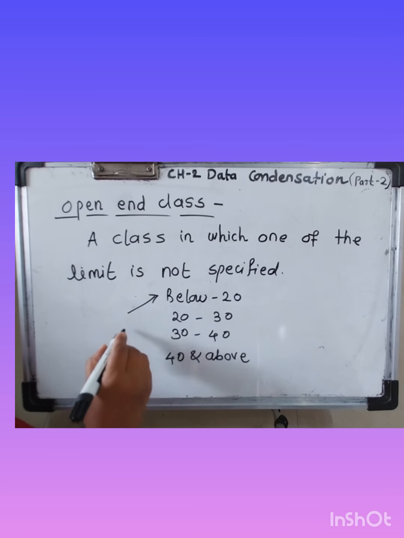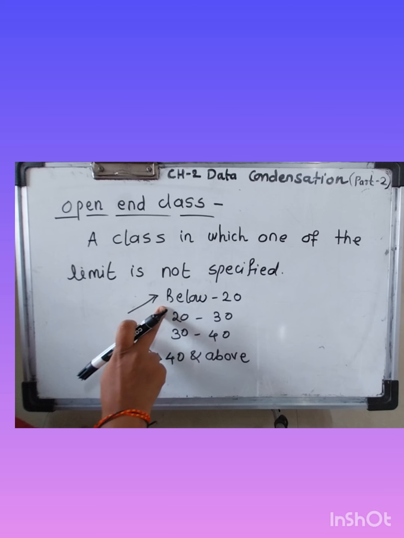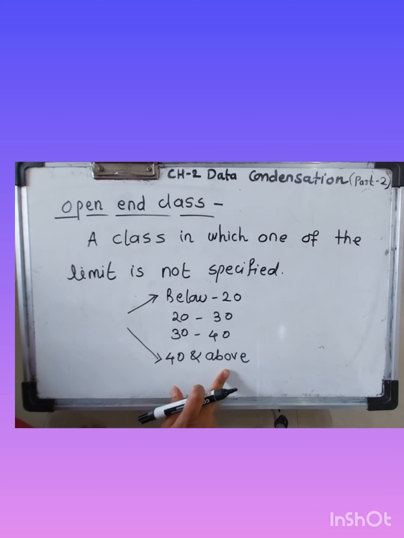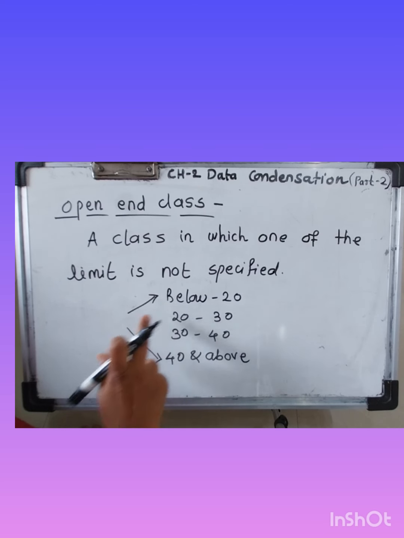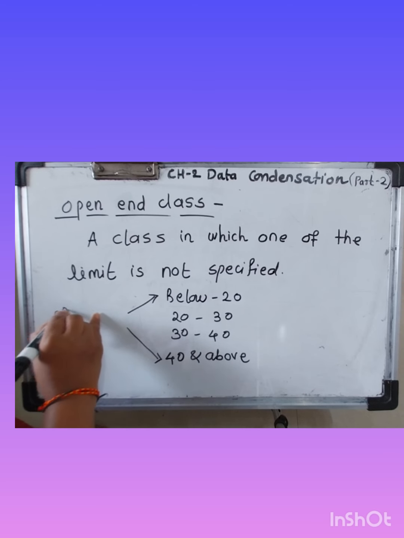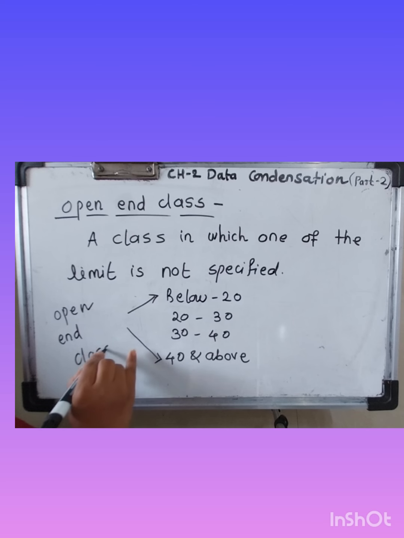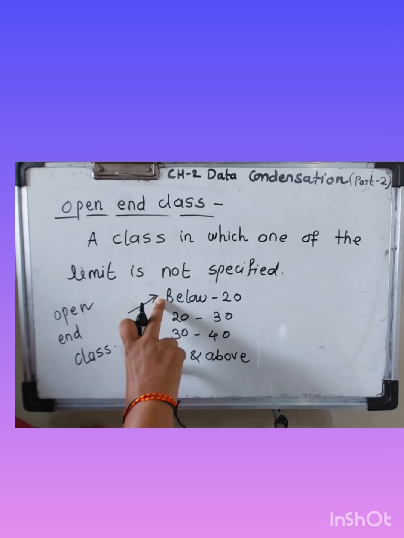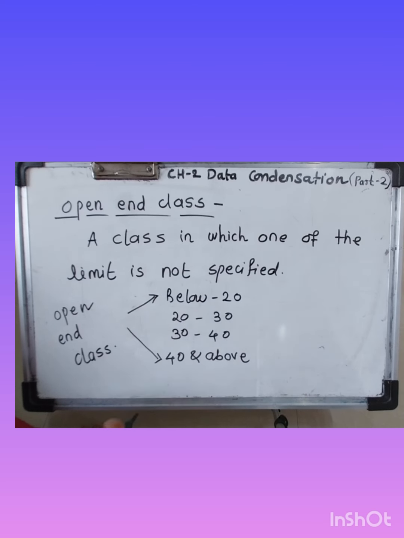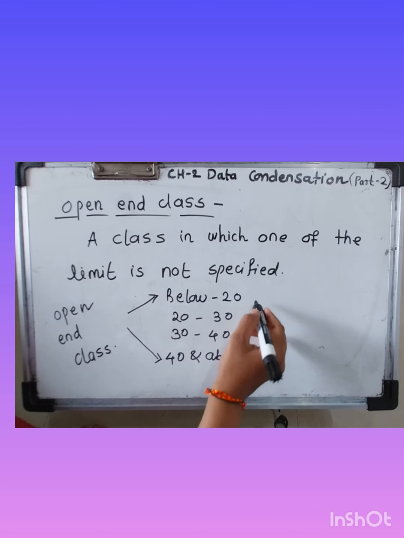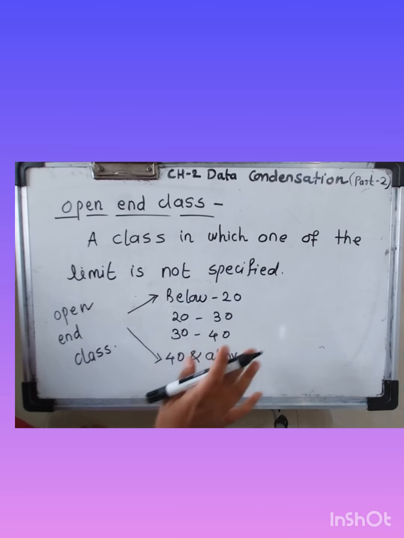Lower limit is not specified here. Here upper limit is not specified. We call it an open end class. And one more thing, for open end classes, width and midpoint are not defined. For open end classes, width and midpoint we can't define.